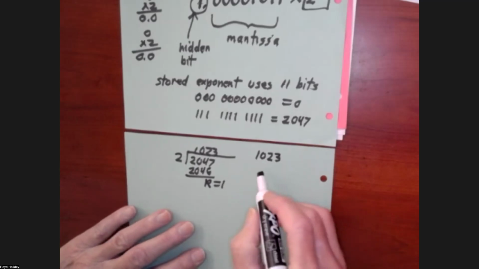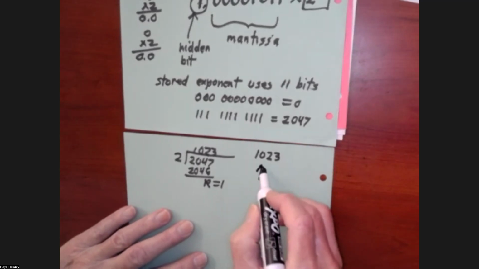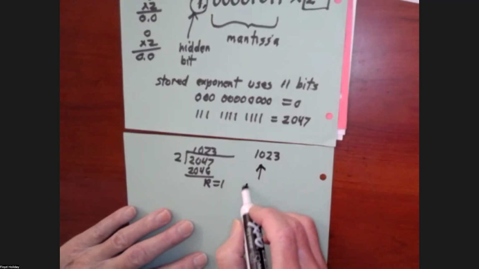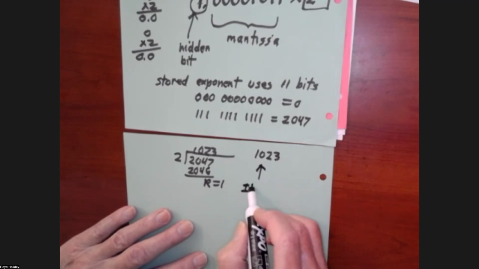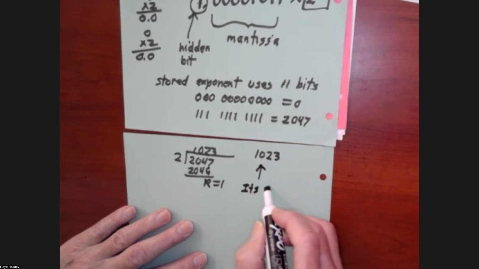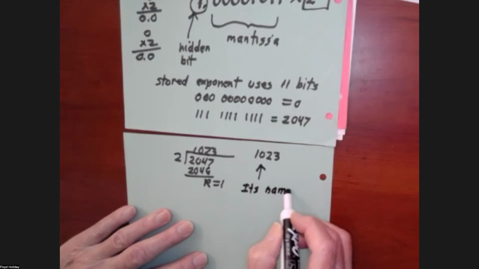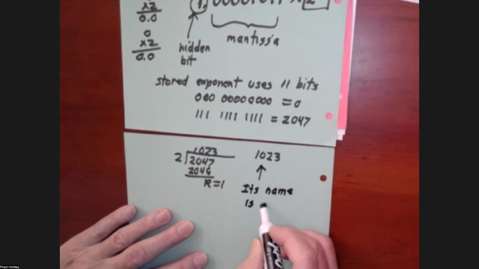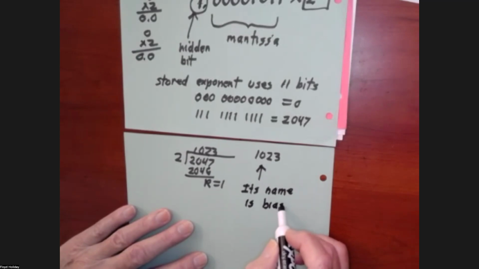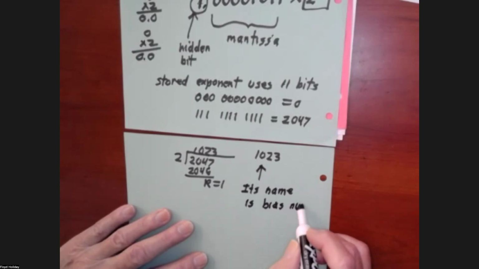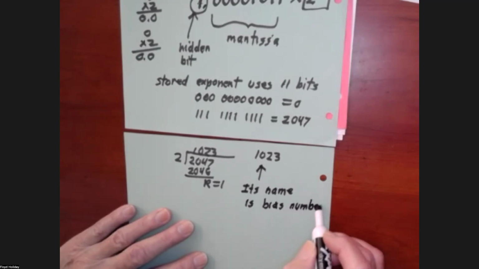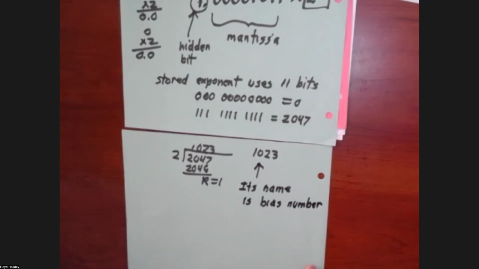And by the way, that's so important that it actually receives a name. Its name is bias number. It's fixed for all 64-bit floats. Later in the semester, we'll do 32-bit floats.